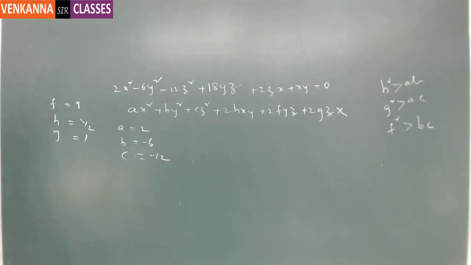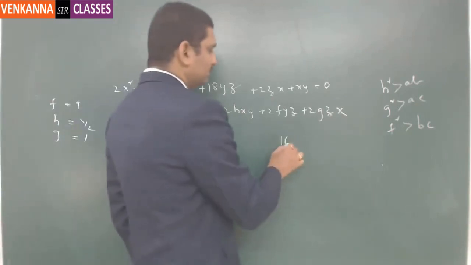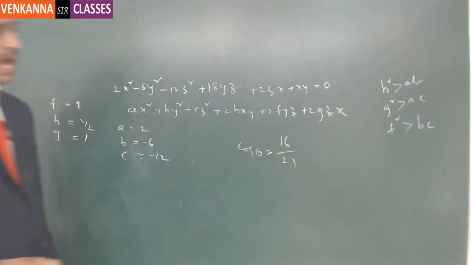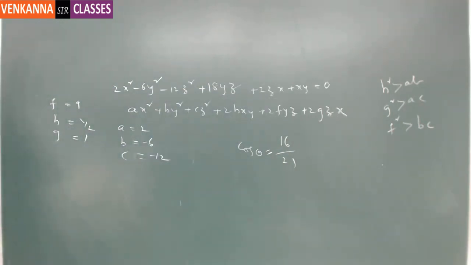I will say the value of cos theta will be 16 by 21. Please understand, I arrived at that value by using modulus in the numerator. So it may be positive or negative. I am always taking the positive value in the numerator. So cos theta value will be 16 by 21. You please go ahead. Take your time.